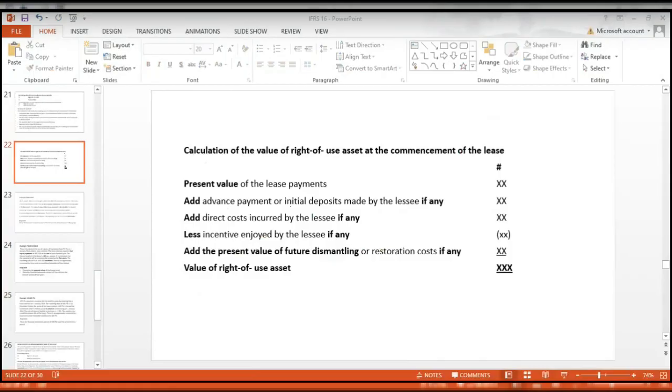To calculate the present value of the lease payment is going to be the present value of any outstanding payment as at the date we are determining the lease payment.